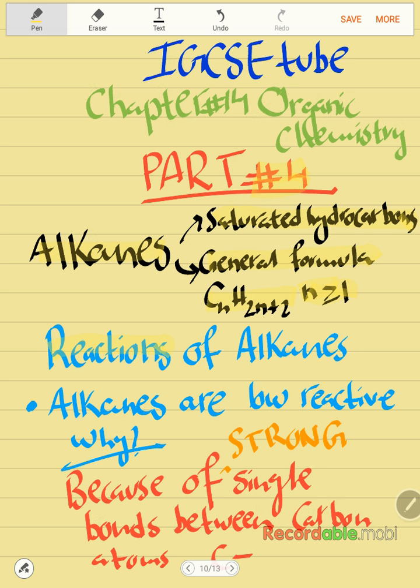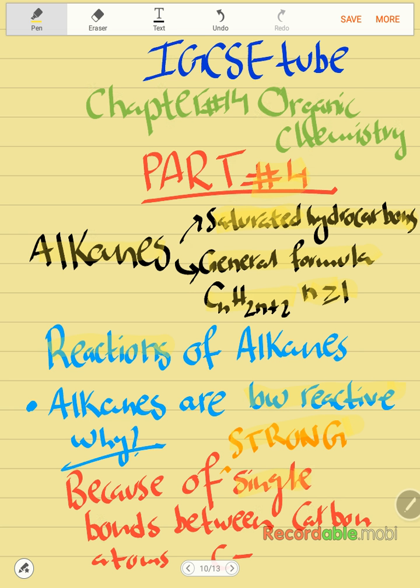So first and foremost, before listing those reactions, alkanes are low reactive. You need to know that. Why? Obviously, there is a reason behind that. That's because of the strong single bonds between the carbon atoms. As I said here, the alkanes are saturated hydrocarbons. Saturated meaning they have single bonds, and single bonds are relatively much stronger compared to double bonds, for example.